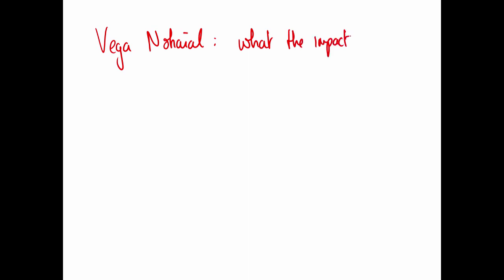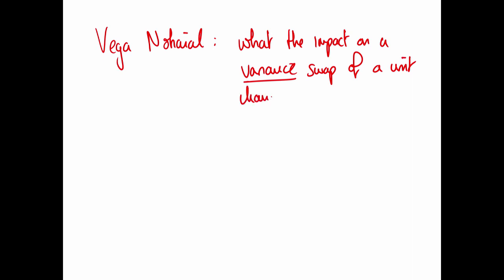When you're getting to your vega notional, you're really answering the question, what is the impact on a variance swap of a unit change, or a small change, in volatility? And that's actually a bit more of a complicated question than you might think. But let's try and simplify it by just playing around with it a little bit.